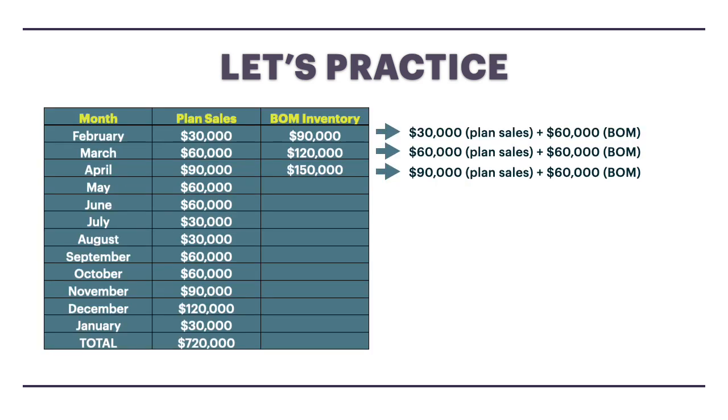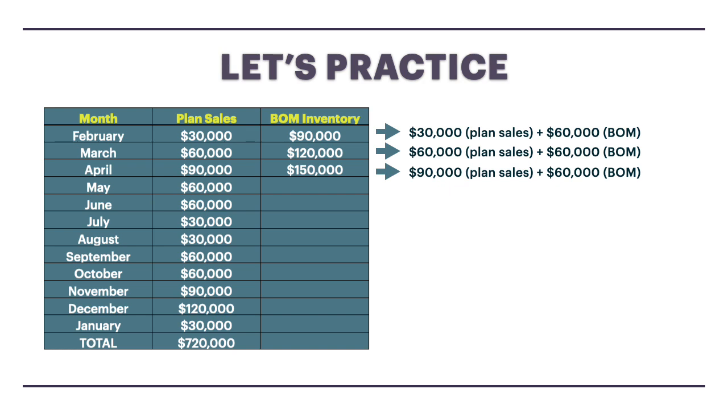Now that we know what average inventory is and what the average monthly sales are, let's calculate the beginning of the month using the basic stock method. To calculate our beginning of the month inventory, we're going to take our planned sales of $30,000 for February and add that to our $60,000 basic stock that we figured out in the previous slides.